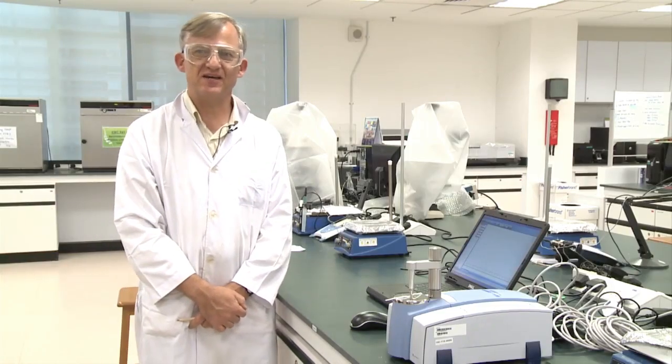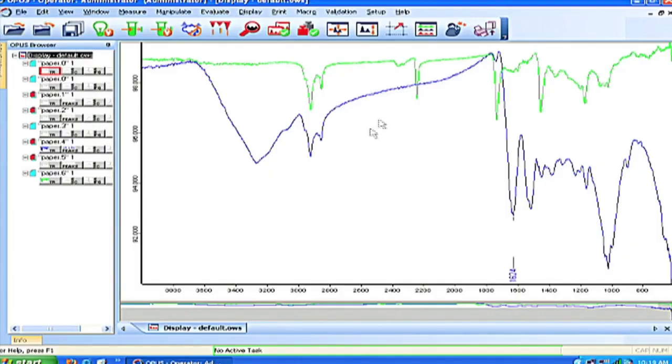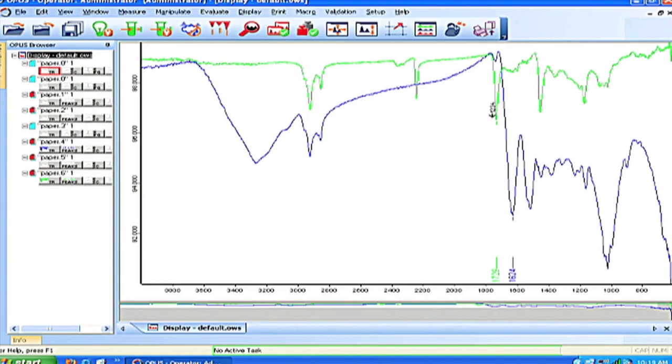Now let's analyze the second sample. So if we look at the IR spectrum of the second sample, which is the green trace on the screen, we can see there's a similar absorbance, but it's shifted. We can now see that the carbon-oxygen stretching absorbance is coming at 1729. This is not where you expect to see this absorbance when you're dealing with a protein. So clearly this second sample is not real wool, and it probably is polyester.